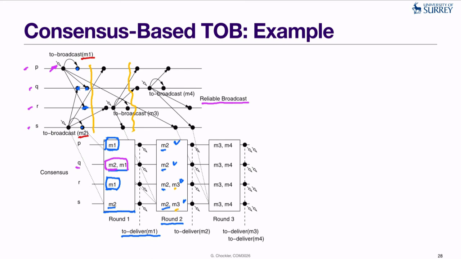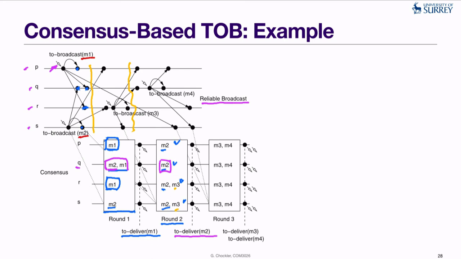Okay, so this is when round 2 gets activated, a brand new consensus instance gets activated for round 2, and it reaches a decision for the value M2 in this case. Okay, so this is the value decided, and this is the value that gets delivered in round 2.